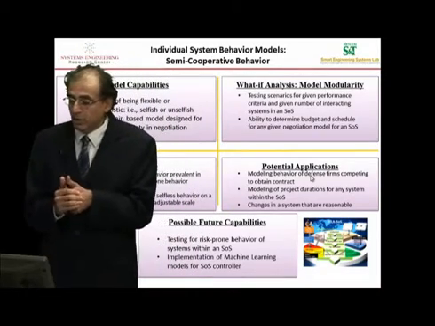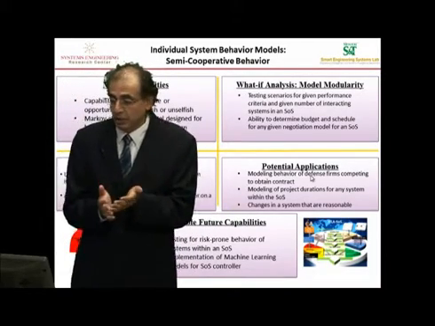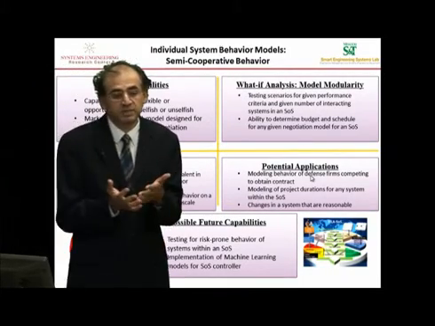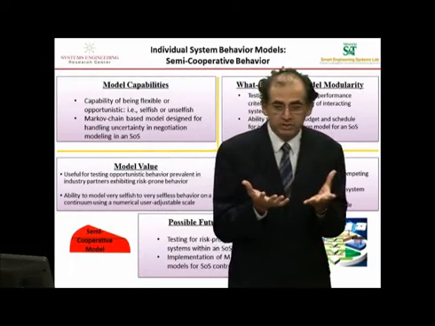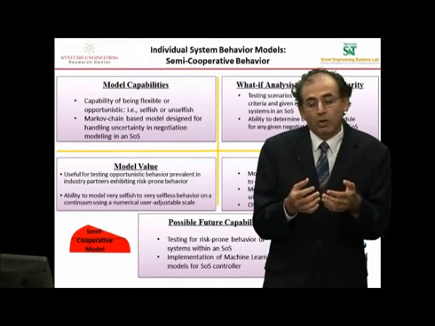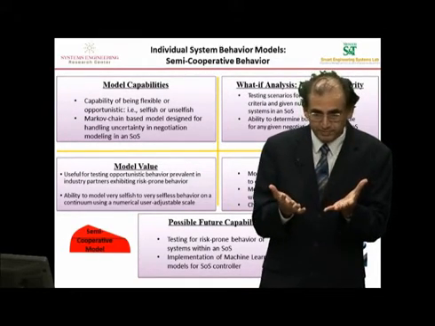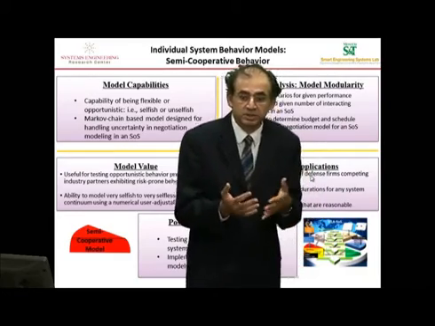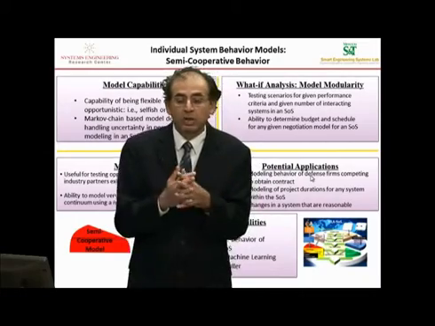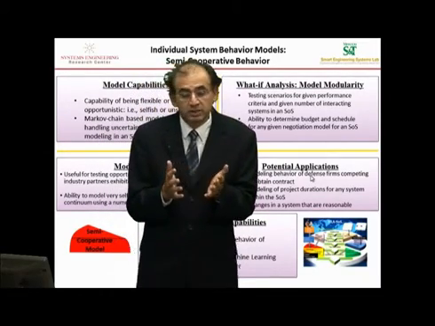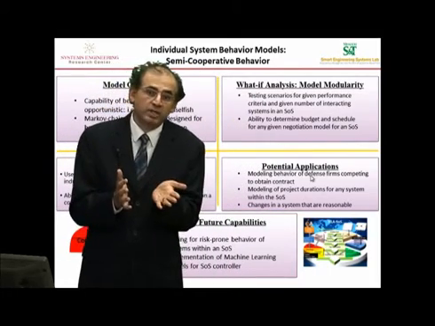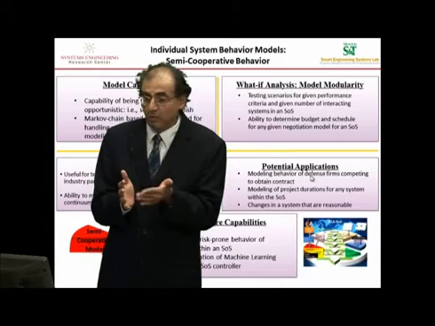So what our model will essentially be able to achieve is answer questions for what-if analysis. If the system of systems is interested in knowing how flexible a given system is, or what will be the reaction to a budget presented, or what will be the reaction to a deadline, or in what way this particular system will respond to a given call, the system of systems is obviously interested in understanding what kind of behavior can be expected from any given system.